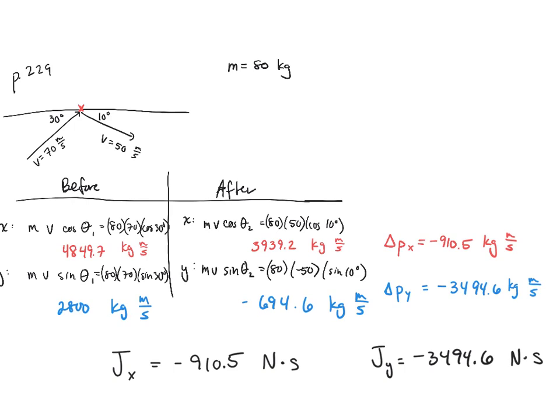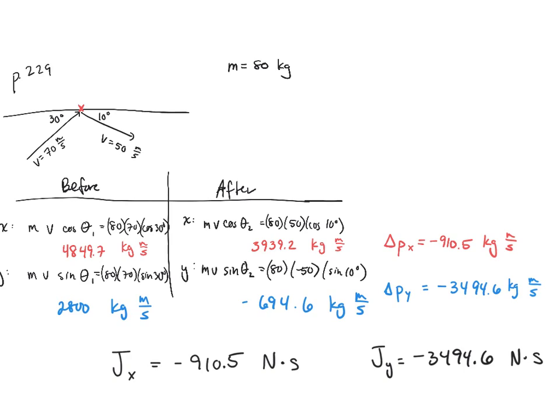Right? Think about it. Here's the driver driving, he hits the wall. It's slowing him down this way, which is the negative impulse in the x you're feeling. But then it's rebounding him off the wall in the y, which is why this is such a large impulse here. The wall is pushing back, changing his direction, which is a huge impulse felt.